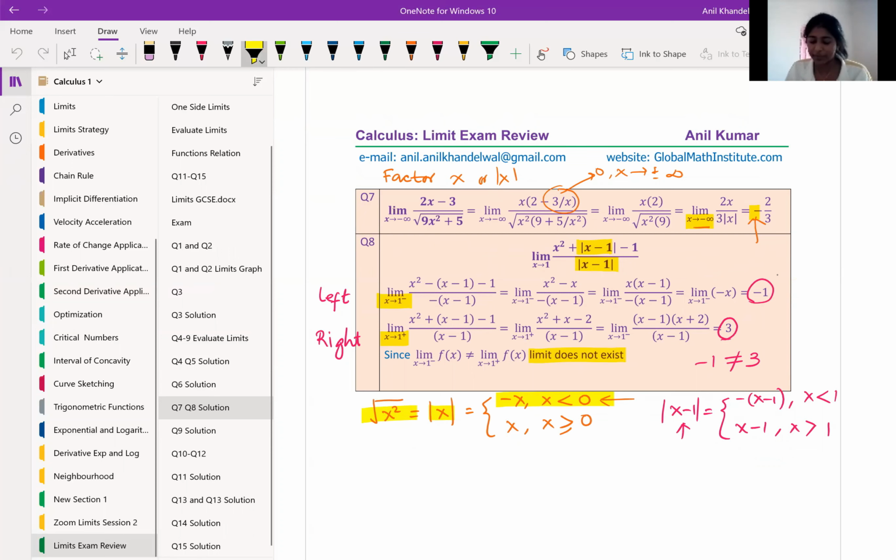We got that because, since we're going to minus infinity, the absolute value of x would be minus x. Very good. That is what I wanted to explain in my solution. You have already taken care of that. Perfect. And then you get minus 2 over 3.